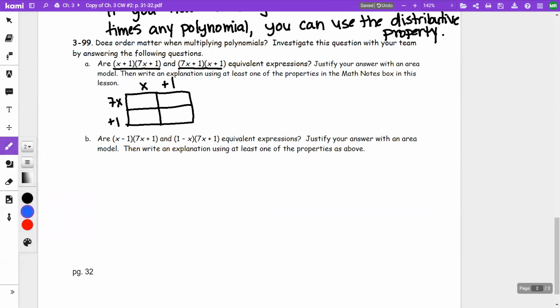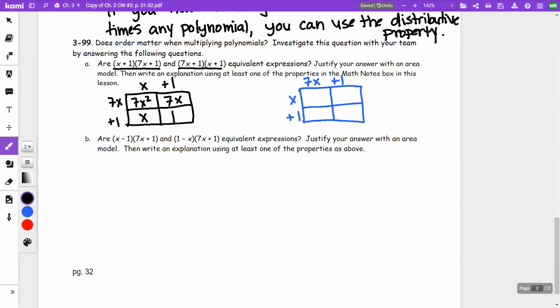And then in the other one, I'll do it in blue. Instead, I put the 7x plus 1 here and the x plus 1 here. Do I get something different? So in the first one, I'm going to take 7x times x, which is 7x squared, 7x times 1, which is 7x, 1 times x, which is x, 1 times 1, which is 1.